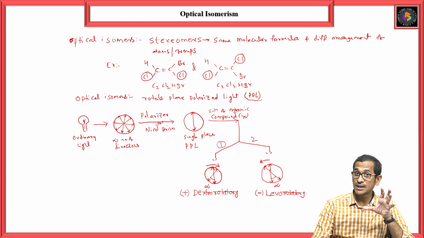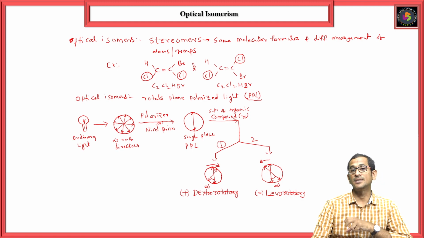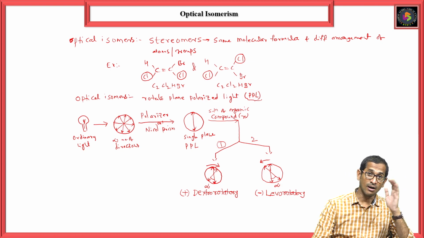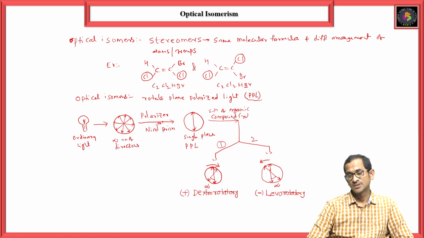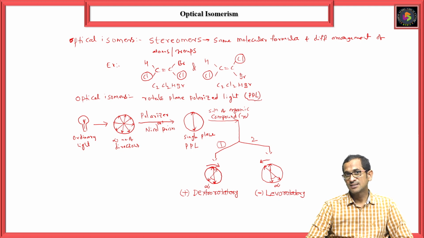Why are these two optically active compounds? In the two cases, the compound rotates the plane polarized light either left side or right side. So obviously these two are called optically active compounds.